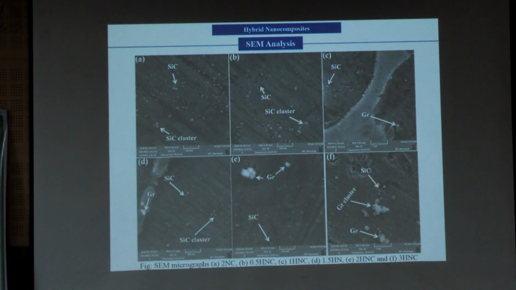If you observe that, as the nanoparticle percentage is increasing, you can see the agglomerations. Here SiC clusters are there, and here also SiC clusters are there, and this is the graphite, and this is the graphite, and this is the SiC. Based on the color, size and morphology, we can identify whether the particle distribution is good or not.